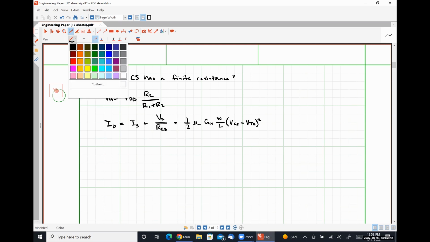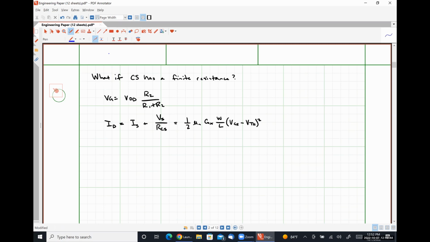From here, I'm going to do this in a different color. This is literally just foiling things out to illustrate something. So VGS minus VTH squared is VGS squared minus twice VGS VTH plus VTH squared.